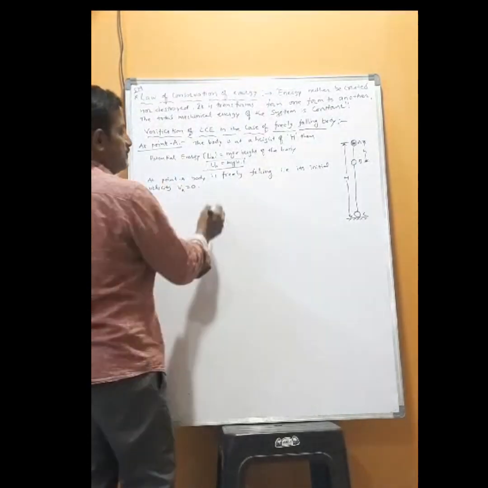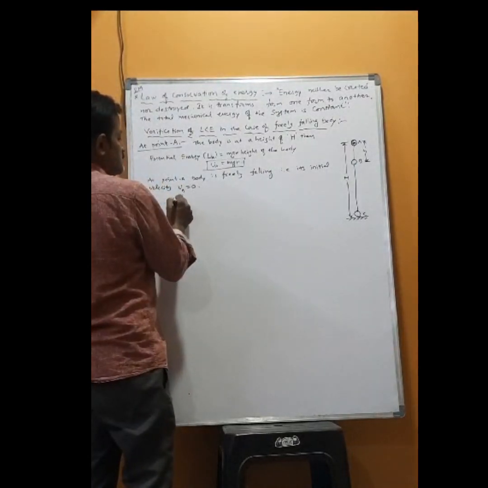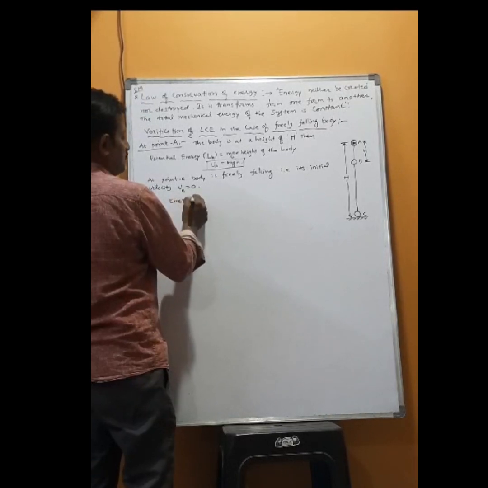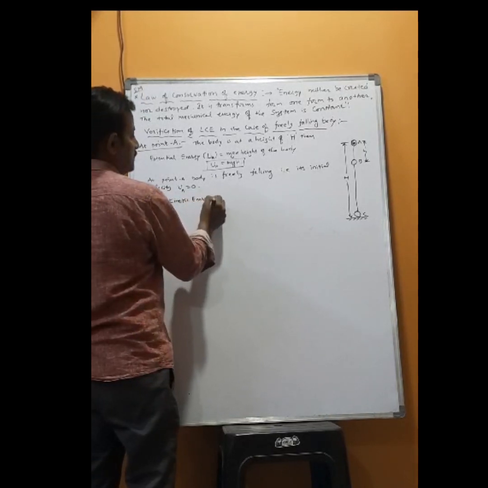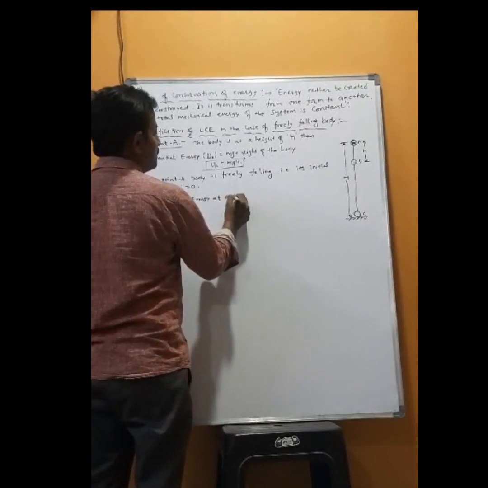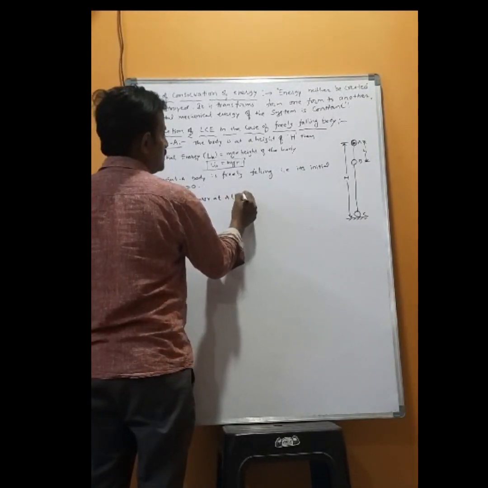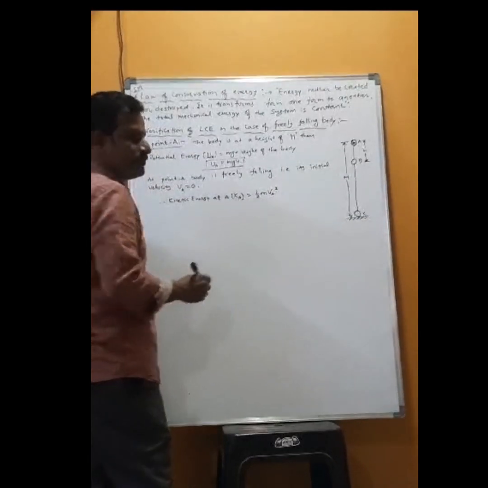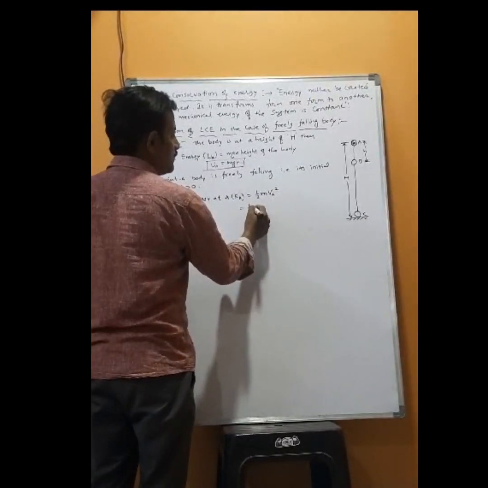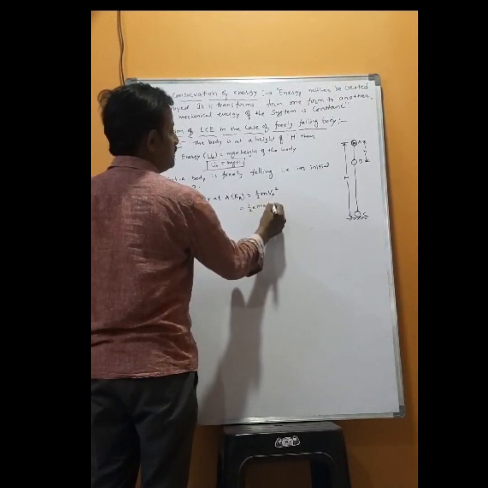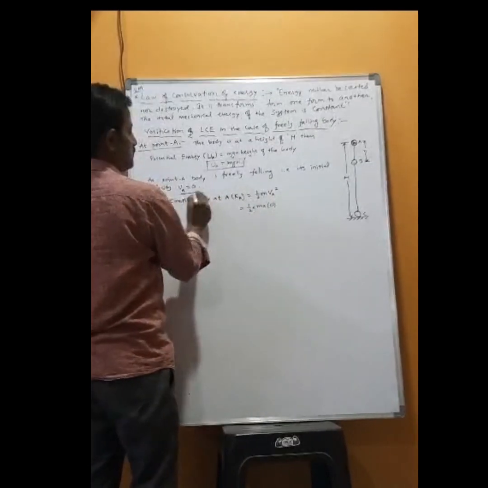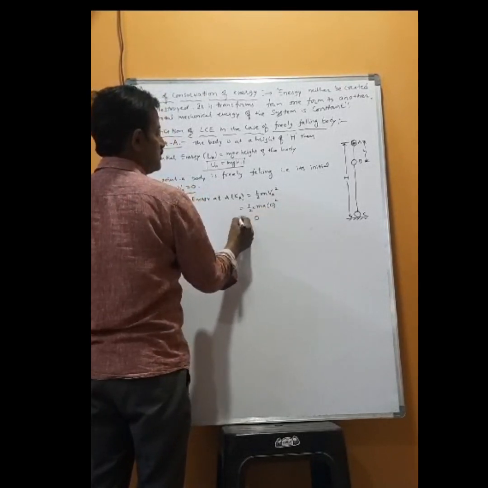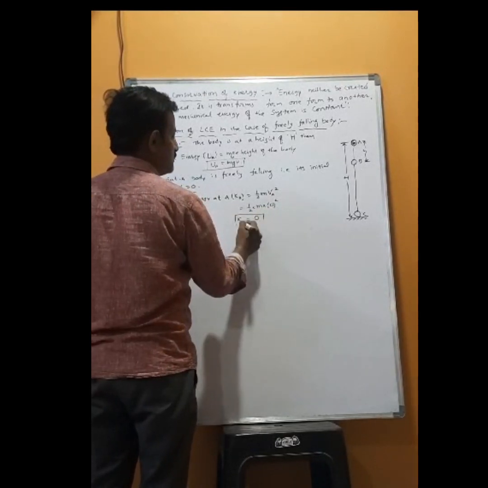Therefore, kinetic energy K at A is equal to half m VA squared, that is equal to half into m into VA squared. VA is 0, so 0 squared, 0 into something is 0. Now K at A is equal to 0.